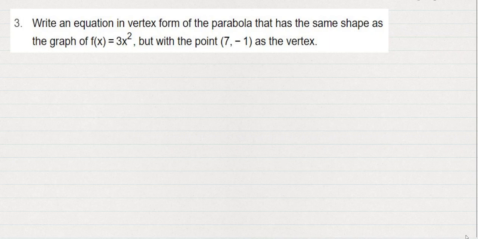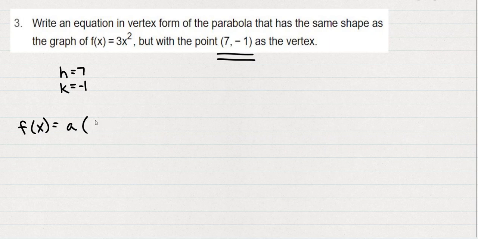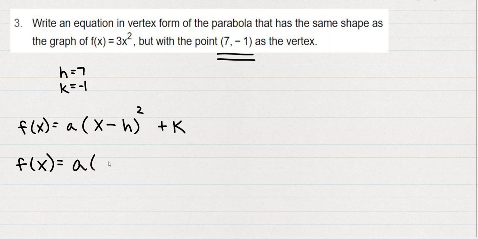Write an equation in vertex form when we're given the h, k. So h is 7, k is negative 1. If I started with f of x equals a times x minus h squared plus k, I can see that for this equation, I've got x minus h squared plus k.